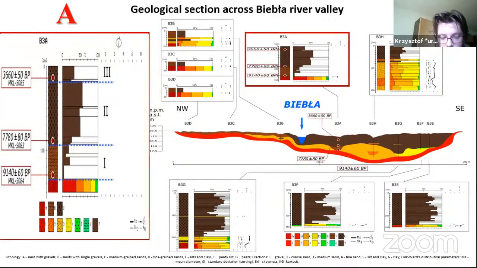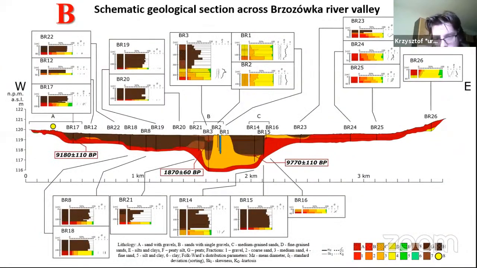The Biebła River is related to the Brzozówka River. This is the main river of this microregion. In the Brzozówka River, the peats accumulated much later. The accumulation of organic matter starts about 10,000 BP.